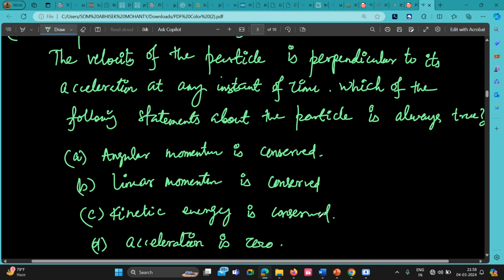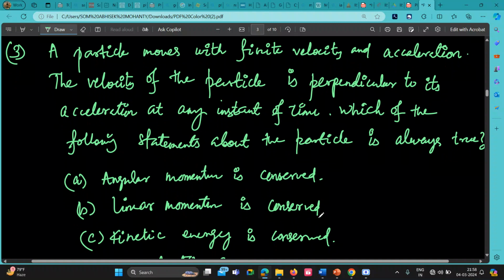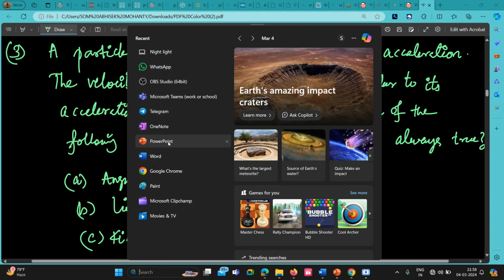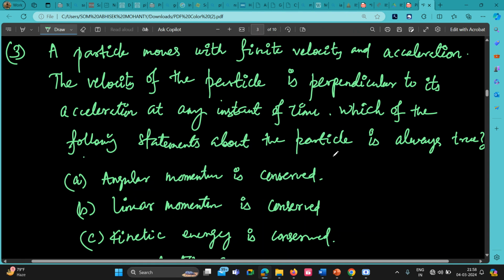Okay, please try. A particle moves with finite velocity and acceleration.